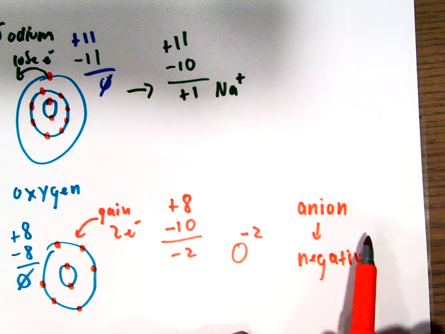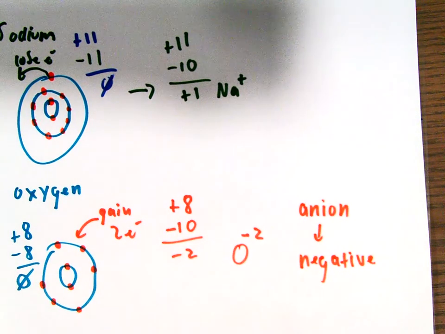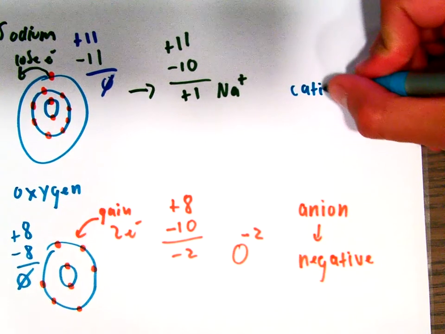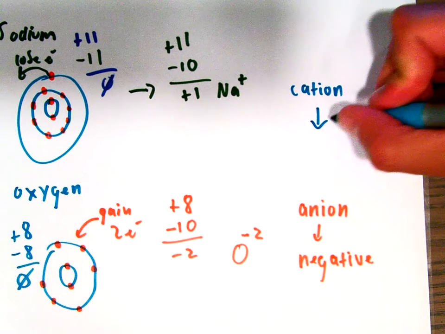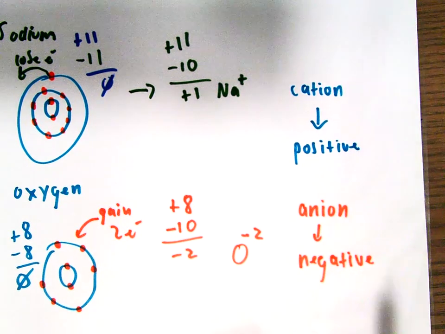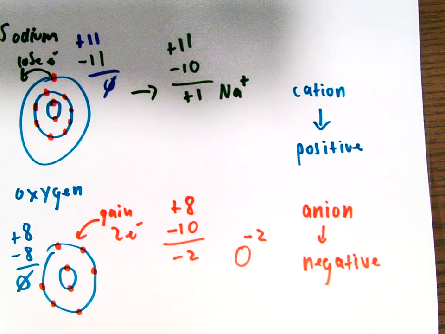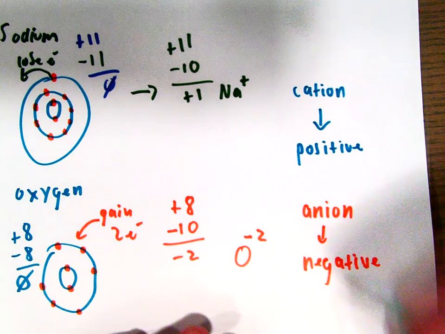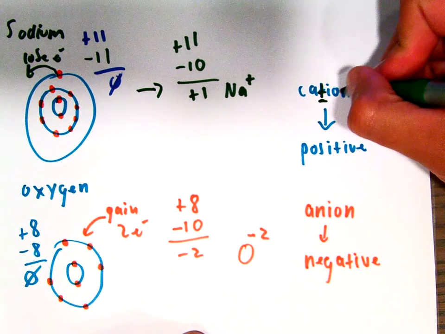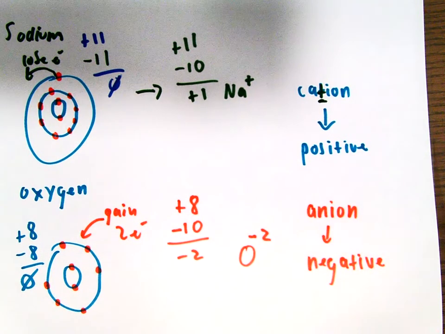A negative ion. Cation, well, you should probably know that, right? Because it's going to be the opposite of that. Cation is going to be positive. The way I kind of remember it is if you look at the actual word cation, there's a T that almost looks like a plus sign, right? So cations are positive.